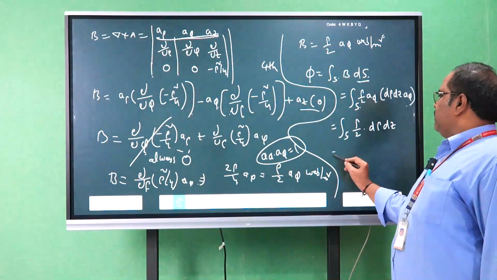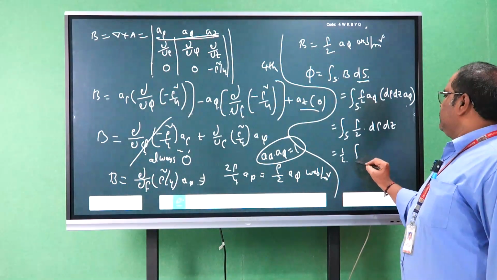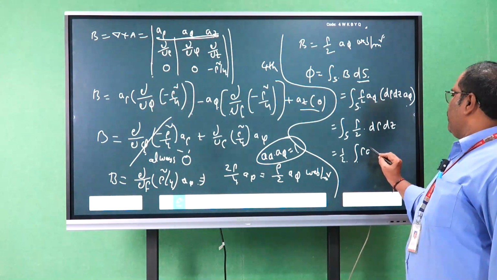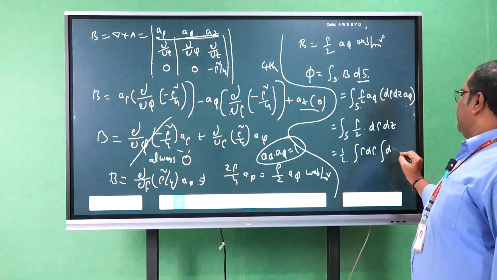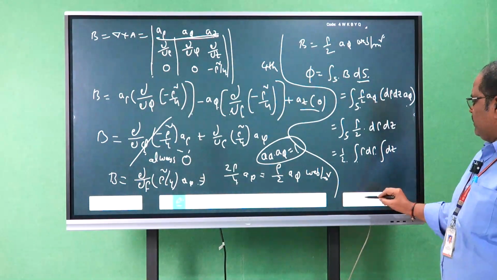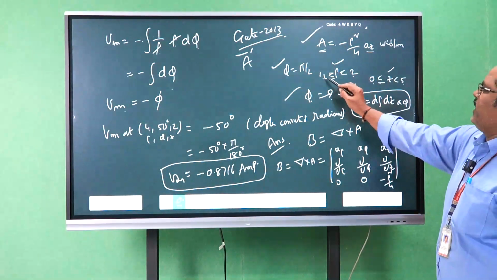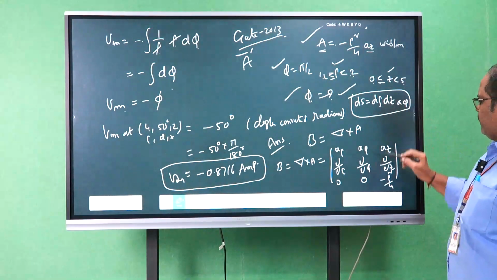Therefore, 1 by 2 rho d rho dz. Rho is a variable component, which goes 1 to 2, and z goes 0 to 5.